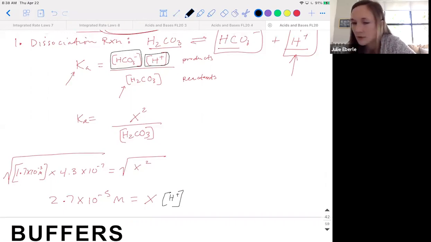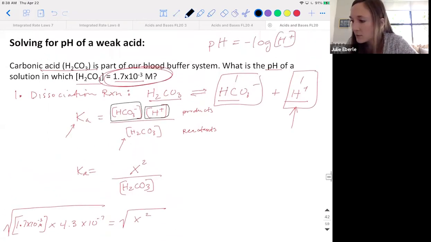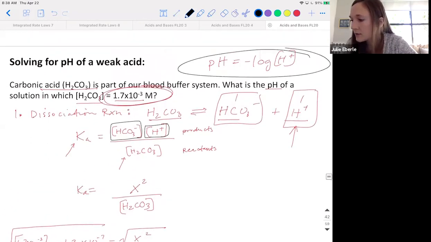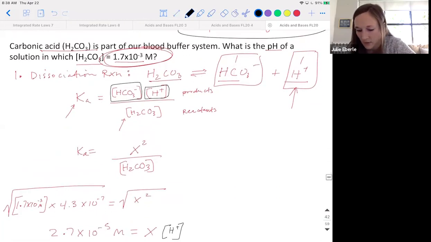Okay, so now to get the pH, what is pH? Well, here's our equation for pH. We take the negative log of that. So I'm going to do negative log of that value.